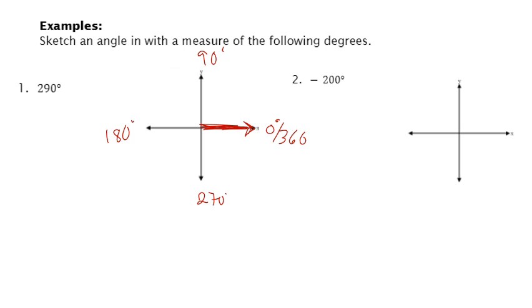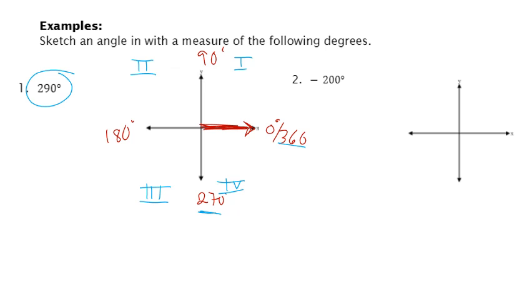If I name these quadrants out, it sometimes makes it a little easier, and naming the quadrants is probably something you remember from Math 1. Where does 290 degrees fall? 290 degrees is going to fall in quadrant 4, because 290 is between 270 and 360.